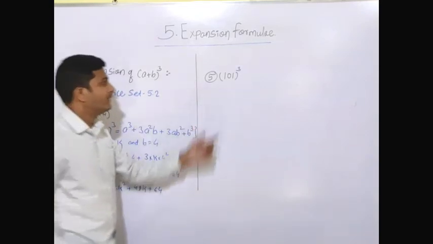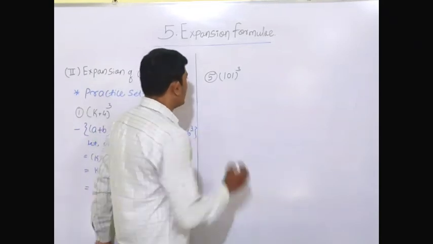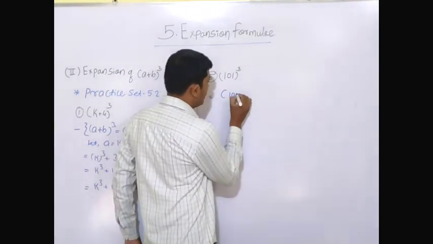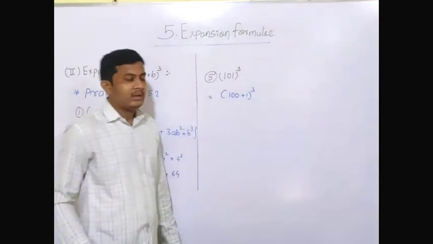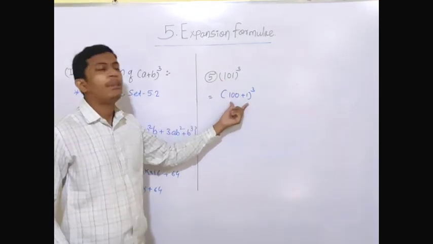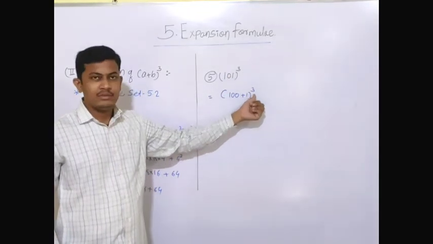Now next, the fifth example we will see, that is 101 whole cube. Now 101 can be given as (100 + 1) whole cube. If a numeric term is given, we have to split it into a binomial term and take the power as it is, which we have been given.